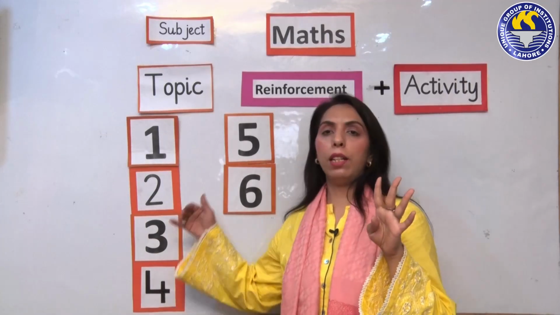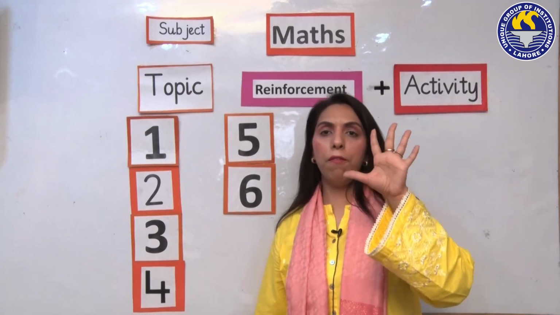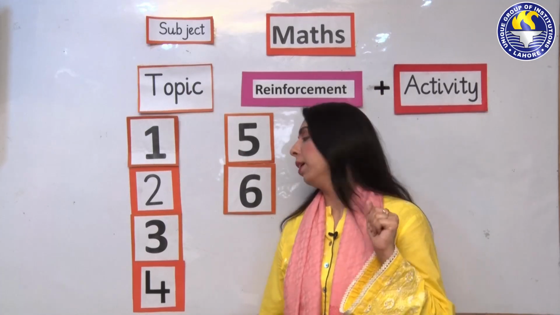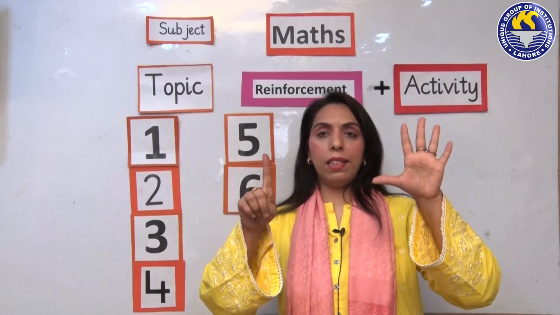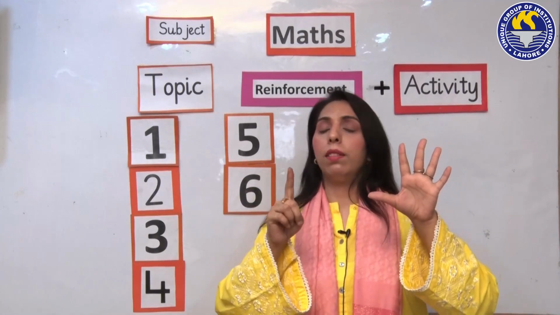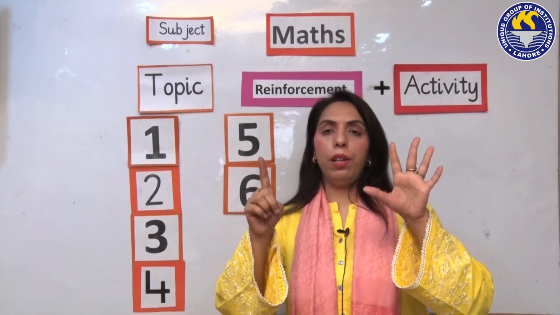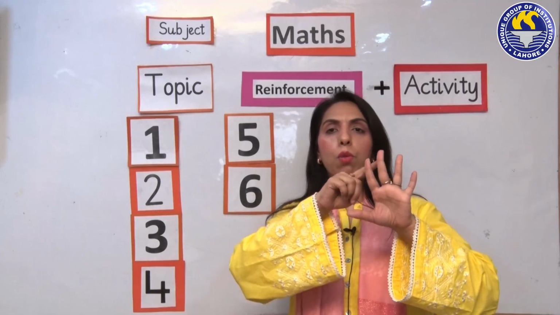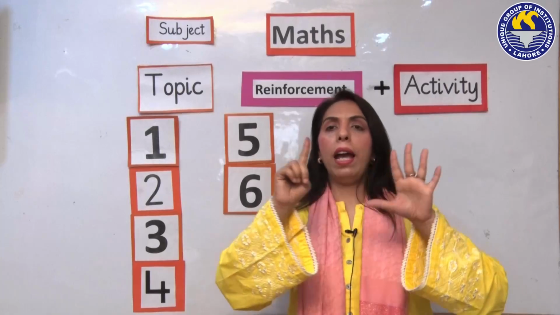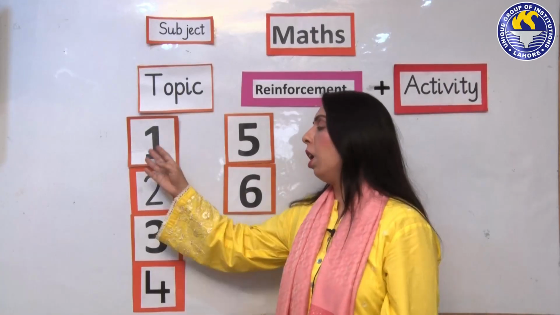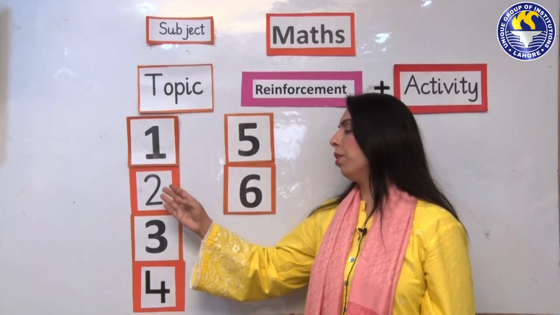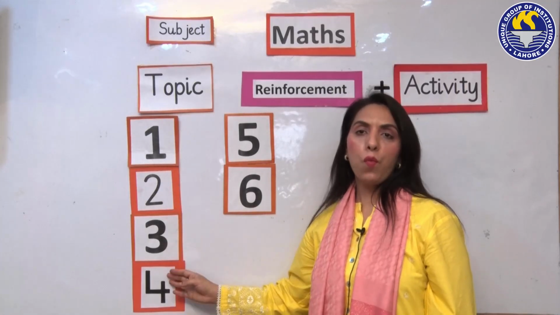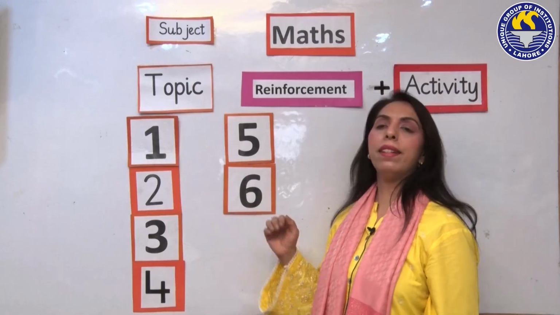And when we say 6, we will open 6 fingers. Read it with me. 1, 2, 3, 4, 5 and 6. So, how many numbers do we have? We have 6 numbers.